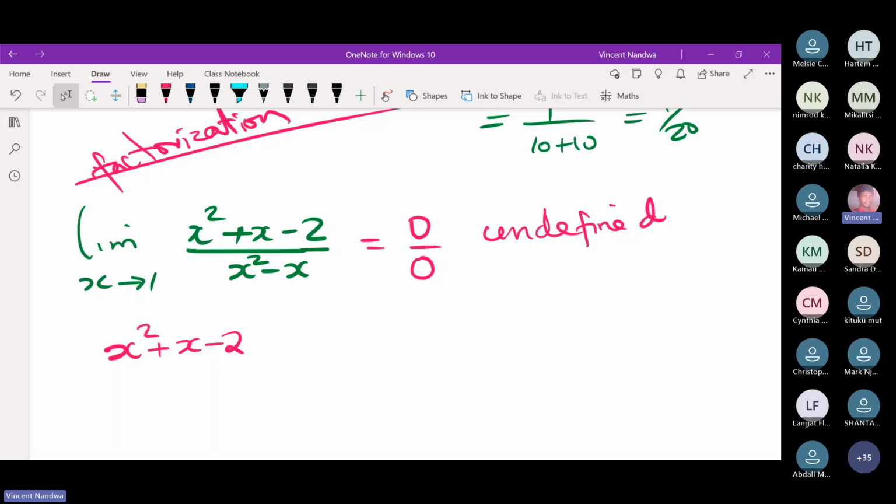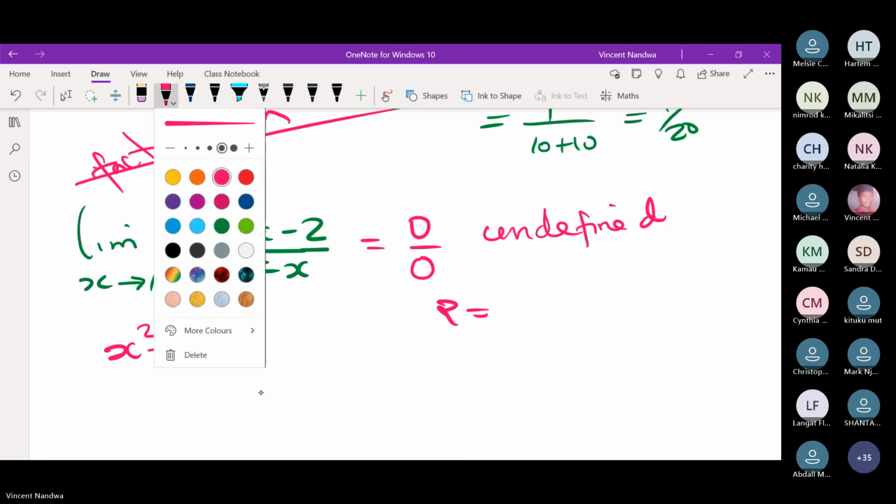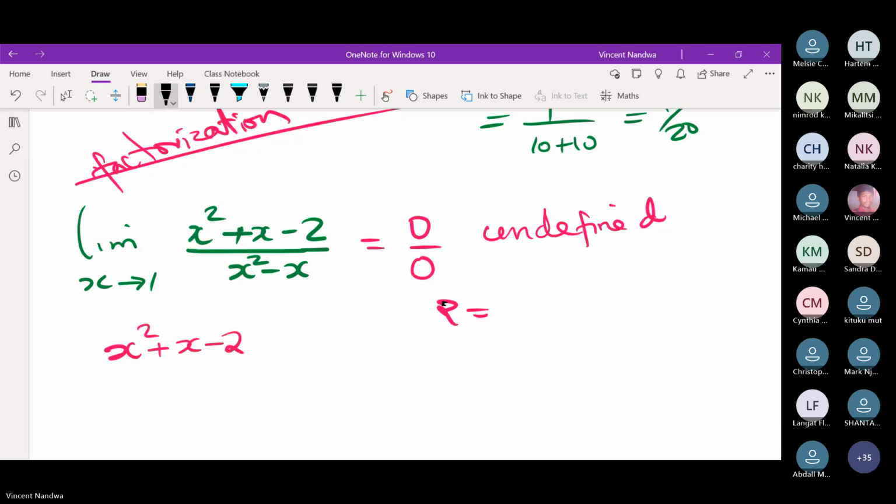These are quadratic expressions, and in Form 2 you were told how to factorize them. The product is negative 2 and the sum is positive 1. Which numbers multiply to give minus 2 and add to give 1?